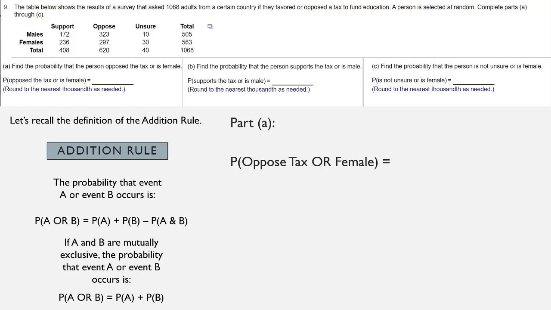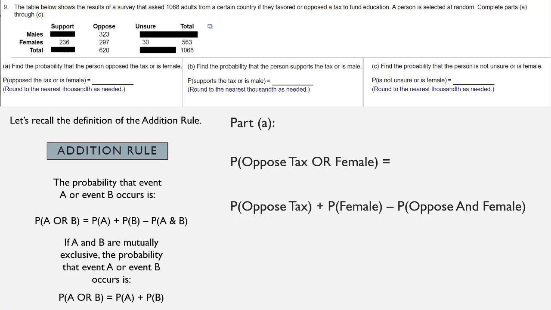So for us, this would be the probability that somebody opposes the tax plus the probability that they are female minus the probability that they oppose the tax and are female. We're going to eliminate things from the table that we don't need to look at. The probability that they oppose the tax is the bottom number of that column for oppose divided by the total 1068. So it's 620 over 1068, plus the probability that they're female.